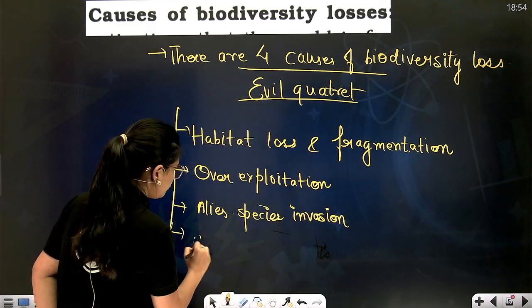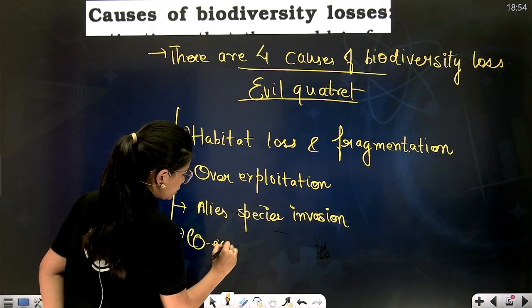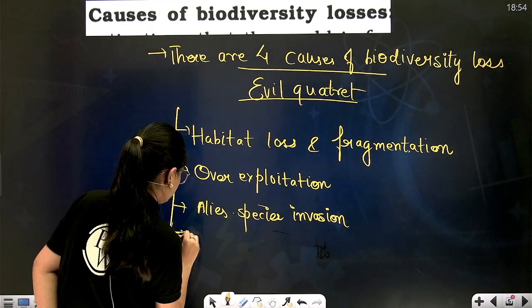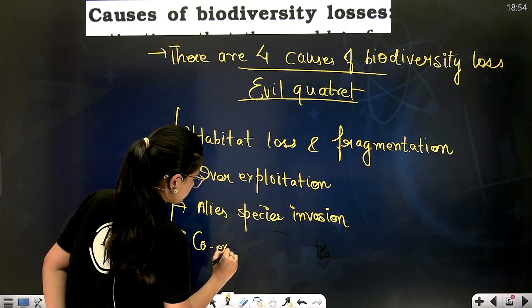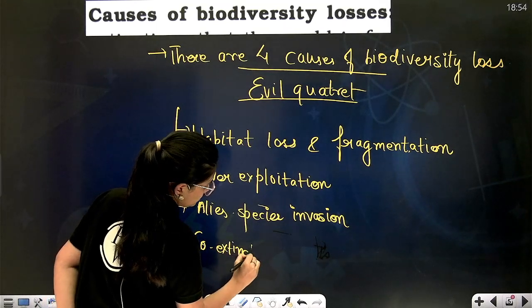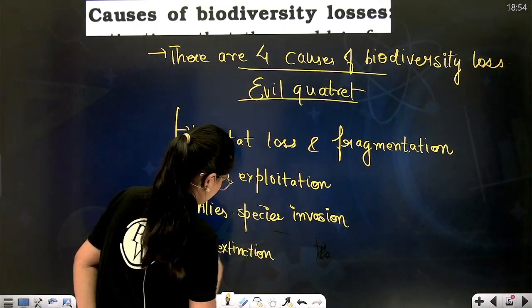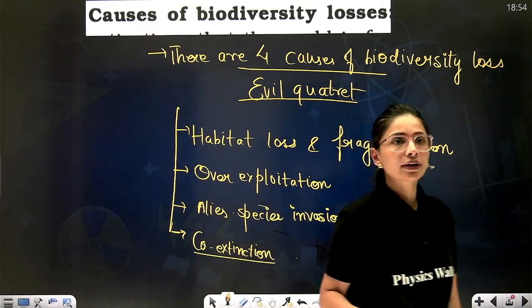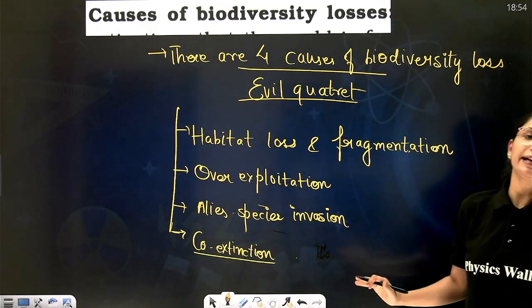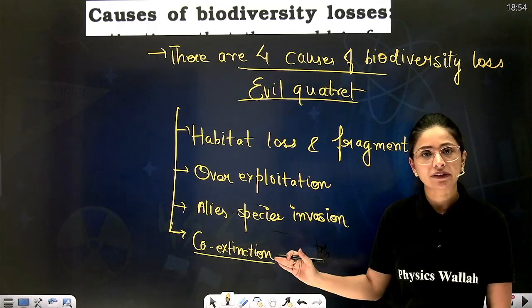And number 4 is co-extinction. So basically, these are the 4 reasons which are majorly hinting towards the loss of biodiversity.